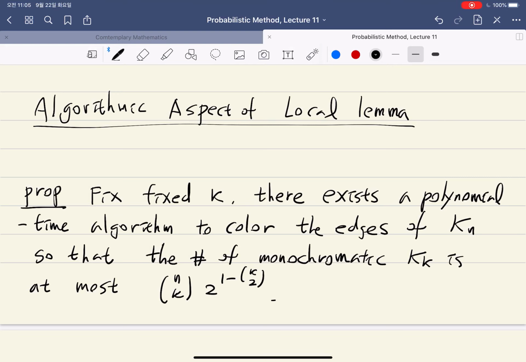So this is the number. This is the expected number of monochromatic K_k in a random 2-coloring of K_n. So if n is the number that we have proved before, then this number is smaller than 1. So this algorithm guarantees that there is no monochromatic K_k in a coloring obtained by the algorithm.